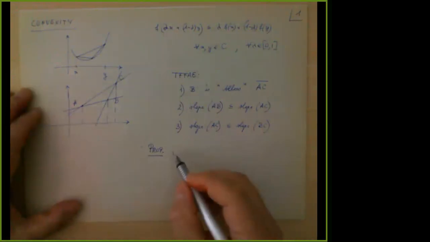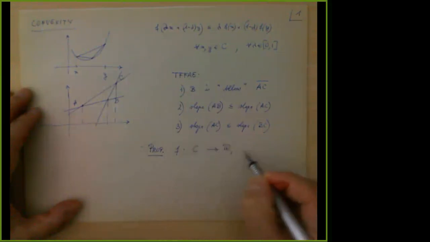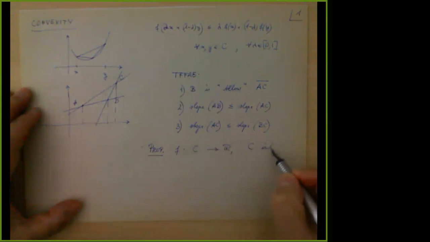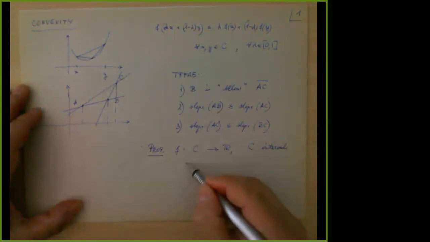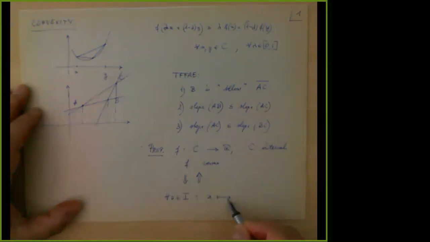So we have f from C to R, where C is an interval of the real line, of course. Then the function f is convex if and only if for every a in C, the function x maps to f of x minus f of a over x minus a is increasing.